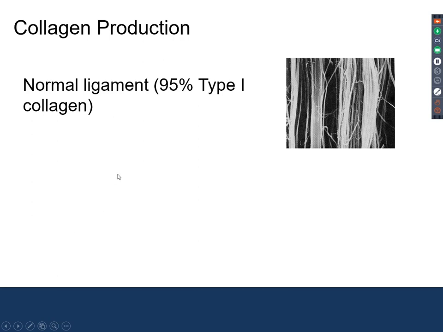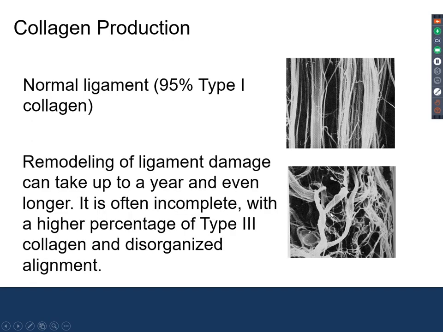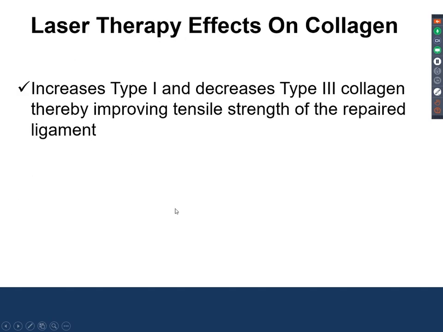So normal collagen, say in a normal ligament, it's about 95% type 1 collagen. When you tear a ligament or you tear into tissue, the remodeling is such that you'll start to get a lot of type 3 or immature collagen. It tends to be disorganized and not in the parallel sort of alignment that you would expect with normal, say, ligamentous tissue.